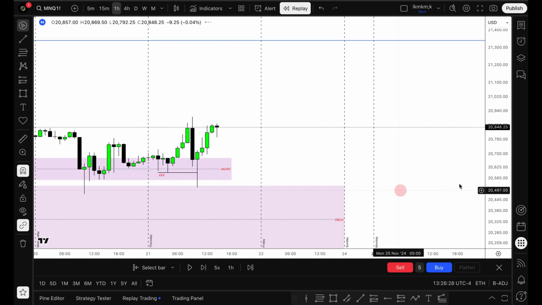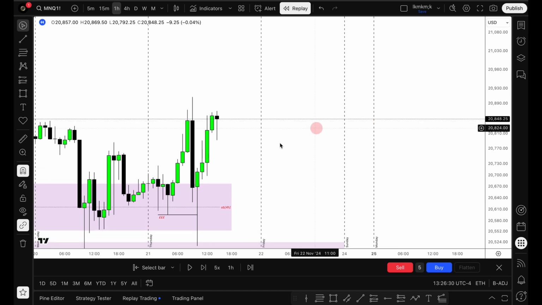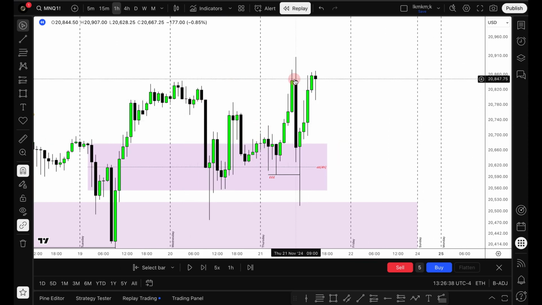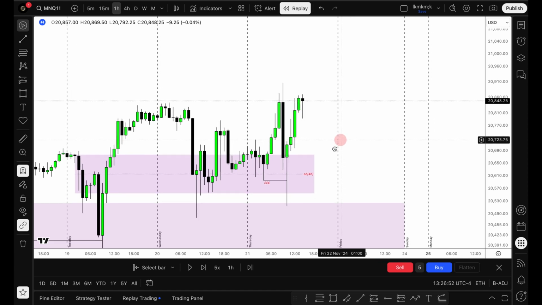If we go on the 1 hour, like I said, I wouldn't entertain this market until I got a close above this high. So now that we have a close above that high with this candle here, then we got a sweep of the low and then a close above the low. So it was a failure to displace.